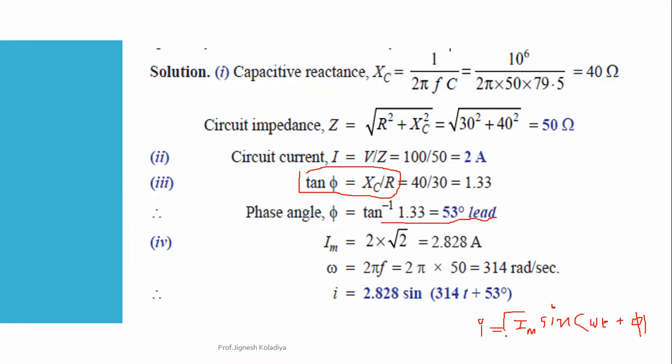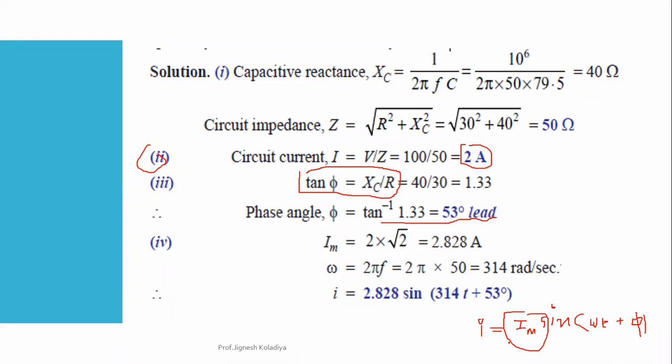Okay. The question is the maximum value of current, because previously in second point we have the value of current, that is 2 ampere. Okay, but at the time when we have studied the theory of RL series circuit, RC series circuit, RLC series circuit, at that time I told you that the applied voltage and the current which is flowing due to that applied voltage is the RMS value. If nothing is given, then we have to consider that the given value is RMS.